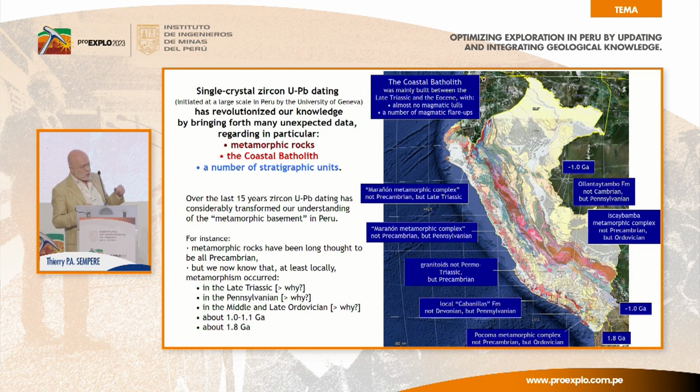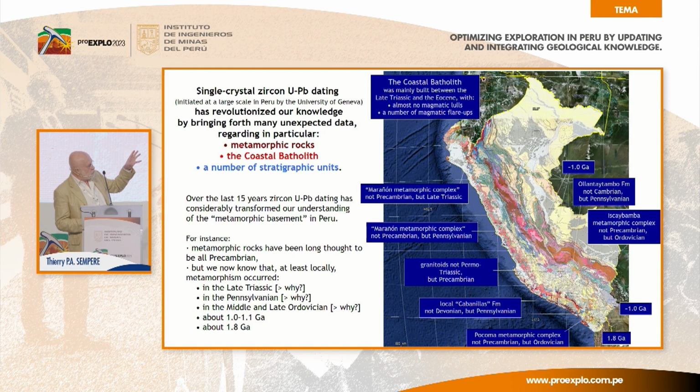It's Pennsylvanian. We have also mapped the Marañón, which is Triassic. This is actually a shock. All of this has been mapped as Precambrian until recently, and maybe until now. There was also Ordovician metamorphism mapped, 1.8, which has been preserved.